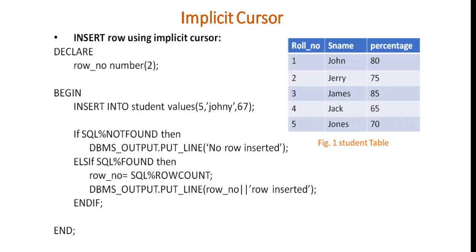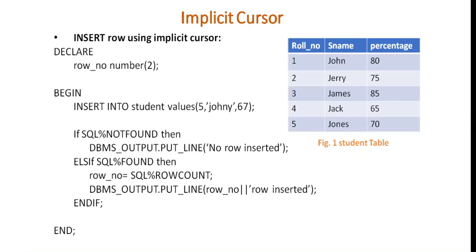after the execution of the insert into statement, that cursor will get closed automatically. Okay, and then SQL percent not found is used to check whether any row is affected by the cursor or not. If it returns true, it means that no row is inserted by the cursor.